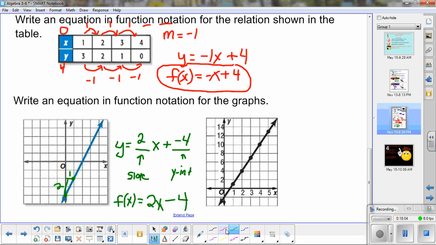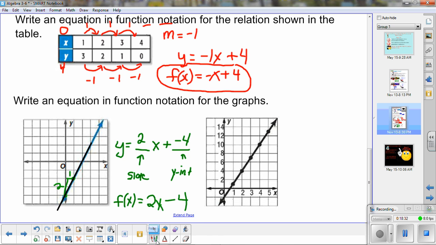Now keep in mind that this really is the same thing as having this line if I were to graph just y equals 2x, it would look like this. That's like the direct variation, or y equals 2x, but it's been shifted down 4 units. That's why we have to do minus 4.